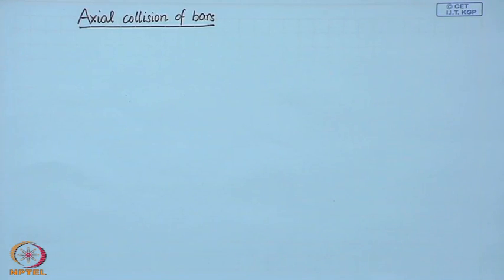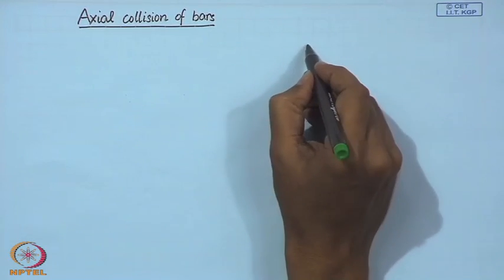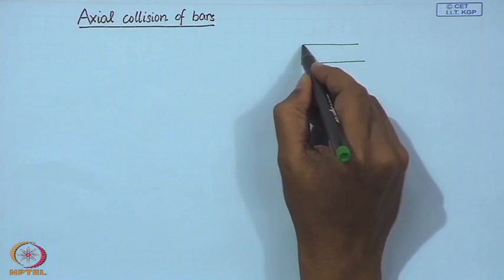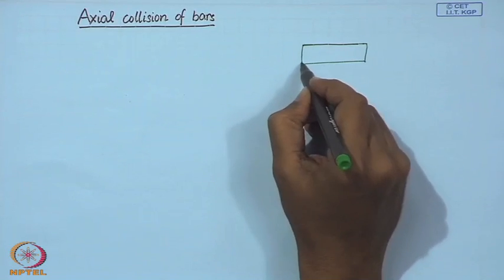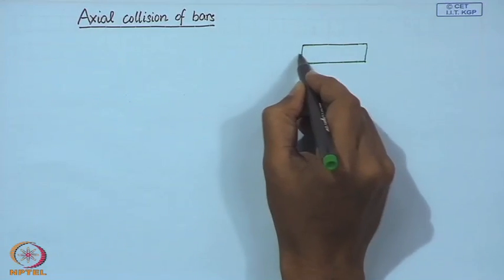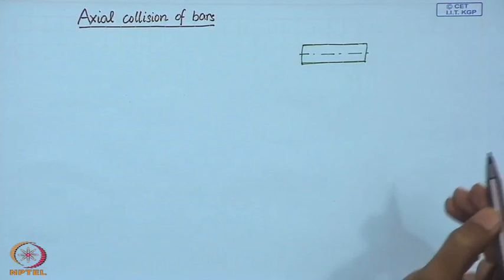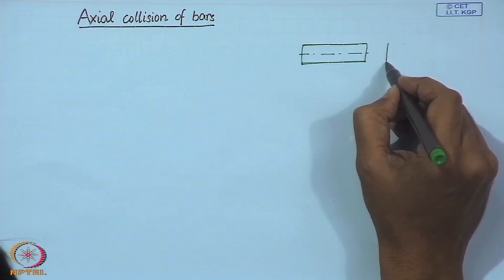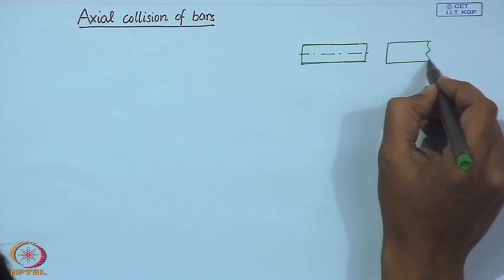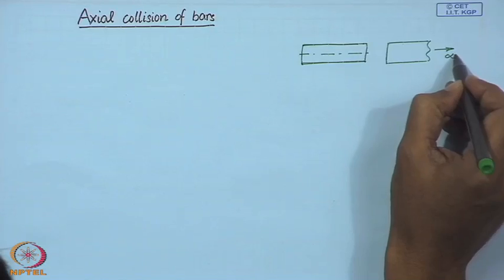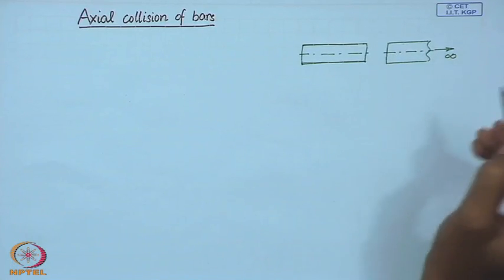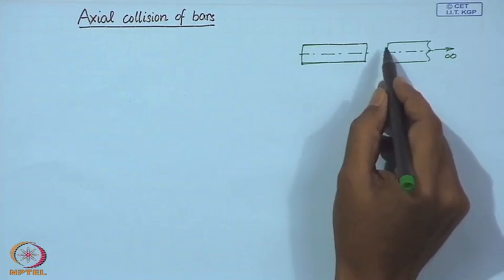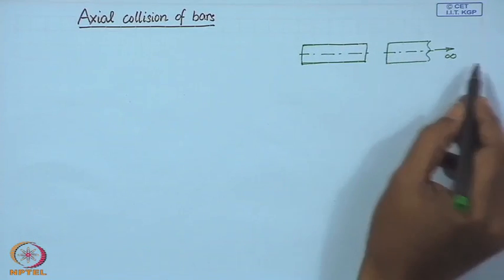So, let me draw this figure. This is a bar, a finite bar which is going to go and hit a semi infinite bar.